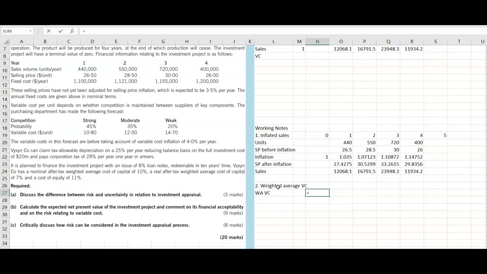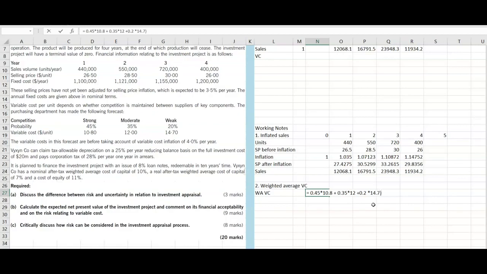So you have 0.45 into 10.8, right? Then you add the next variable, which is 0.35 into 12, and then you add the last element, which is 20%, which represents 0.2 into 14.7.